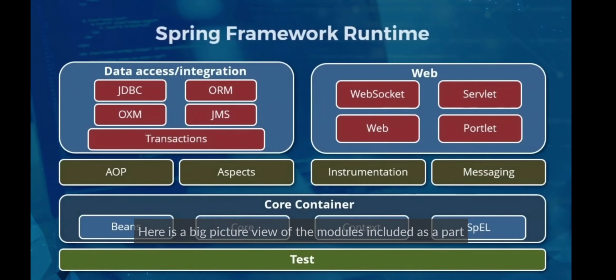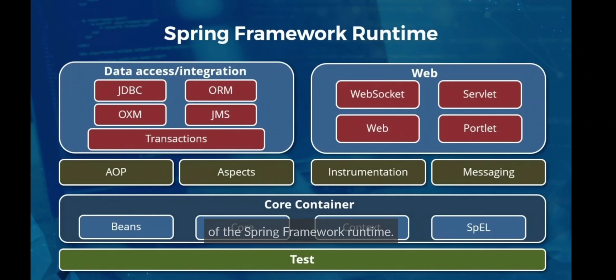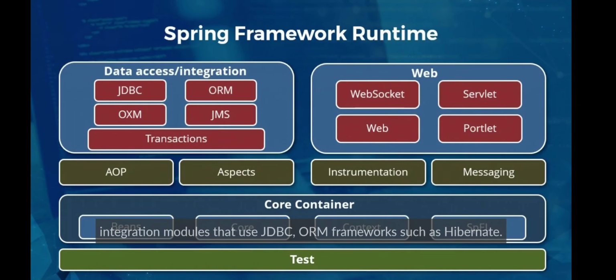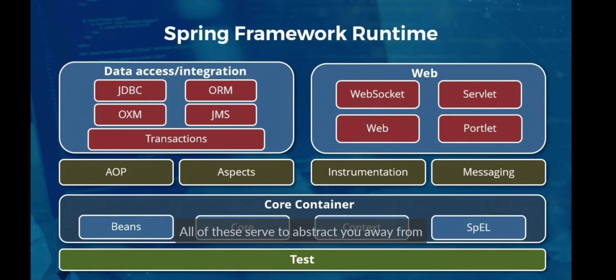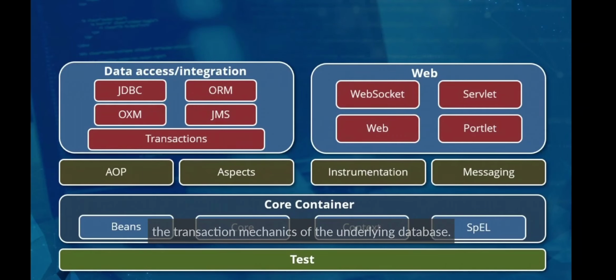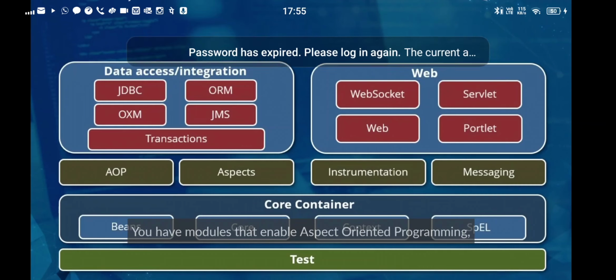Here is a big picture view of the modules included as a part of the Spring Framework runtime. You have data access and integration modules that use JDBC, ORM frameworks such as Hibernate. All of these serve to abstract you away from the transaction mechanics of the underlying database. You have web-related modules as well, which help you build REST services and web applications.